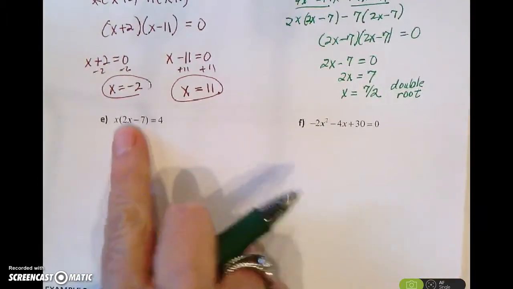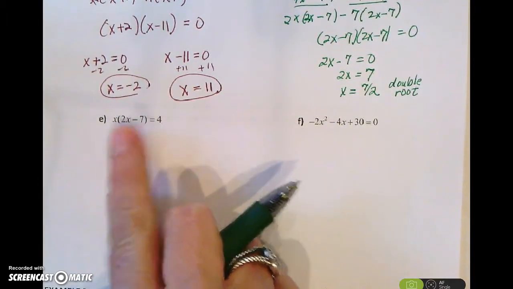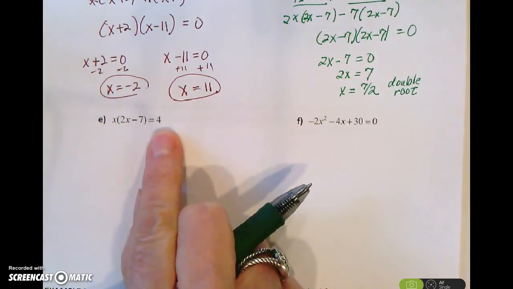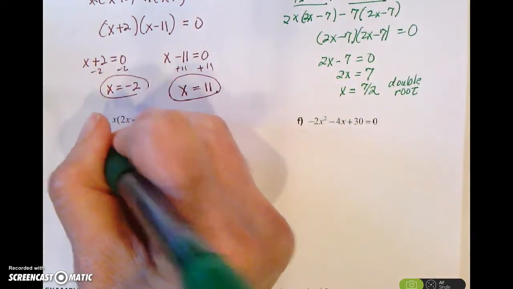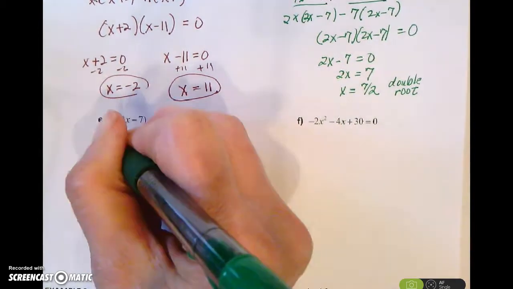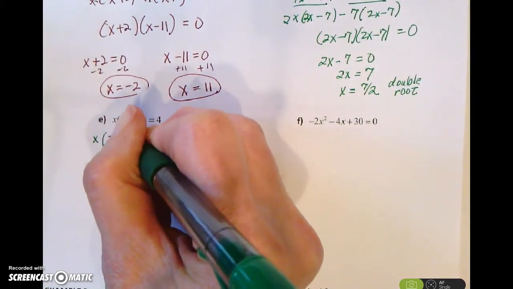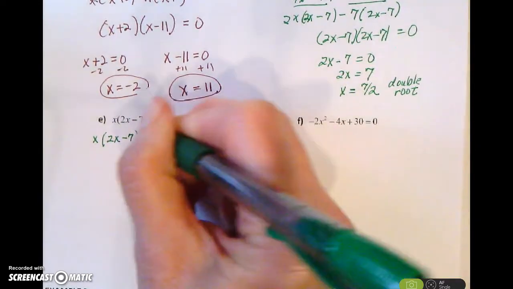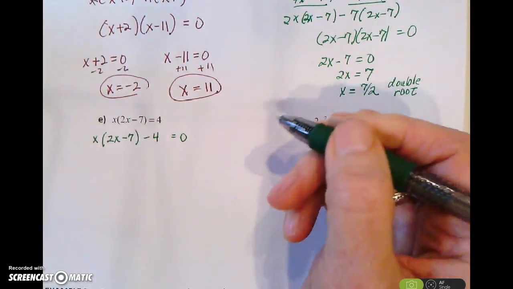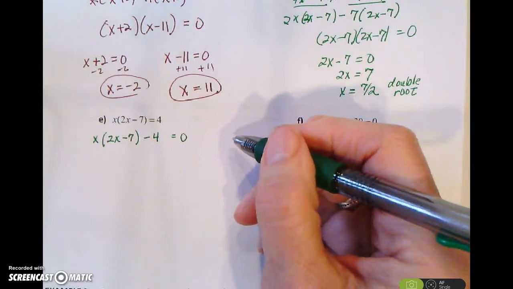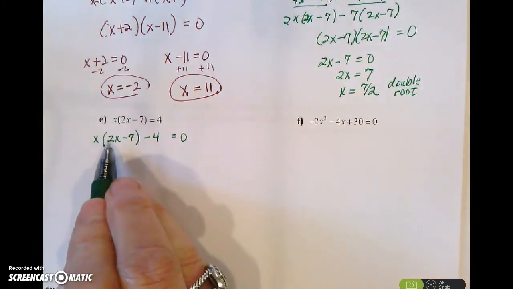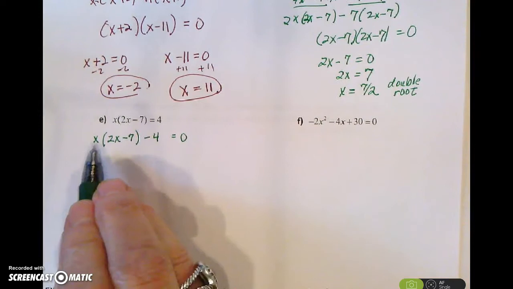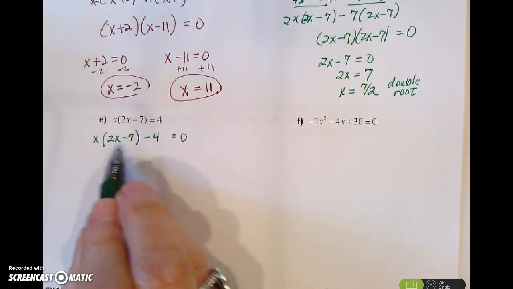Example E. Here again, I need standard form and a 0, and I don't have it. So if I subtract 4 from both sides, it's going to be minus 4 is equal to 0. And again, it's not in standard form. In order to get it in standard form, I can't have parentheses.